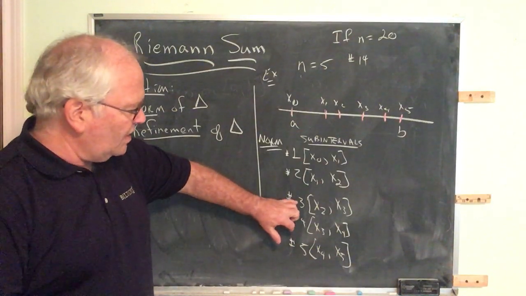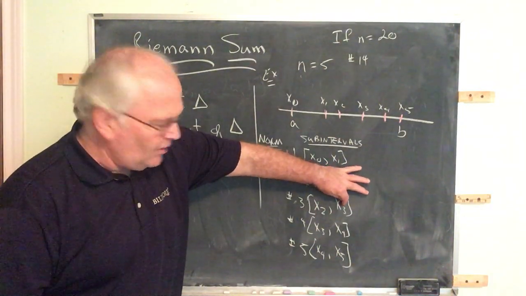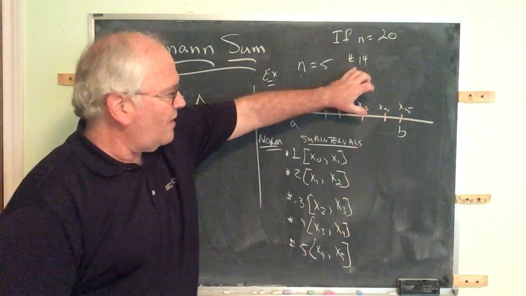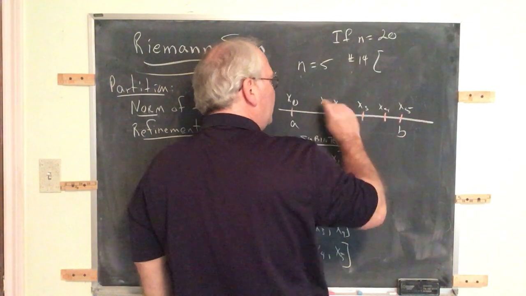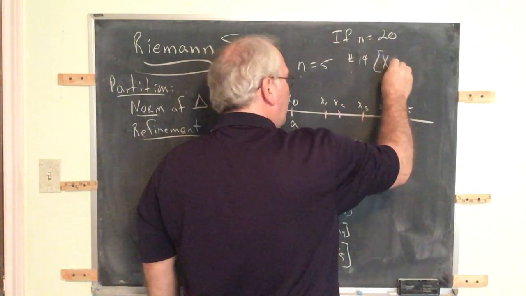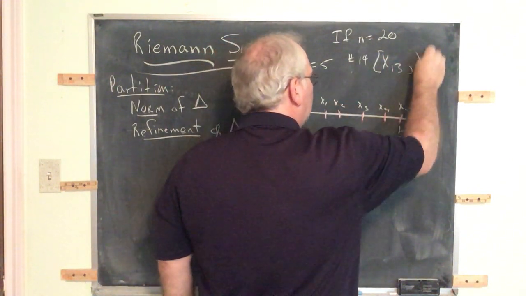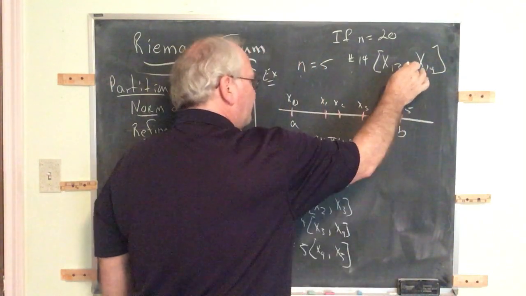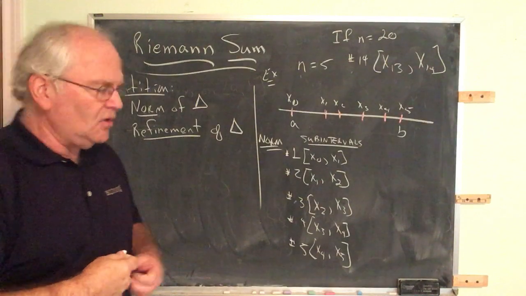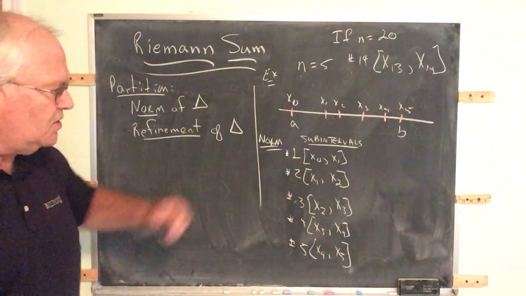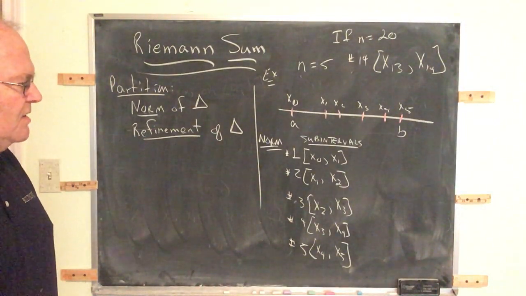Notice that for subinterval number 3, the right endpoint subscript is 3. So if I want subinterval number 14, that would correspond to, you tell me, x sub 13 to x sub 14. This is the 14th subinterval. That's the standard agreement, the standard procedure for labeling these subintervals.